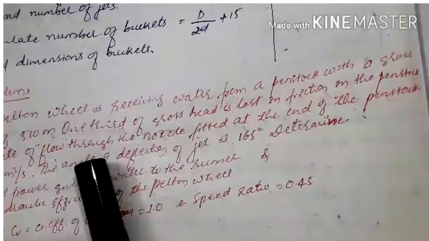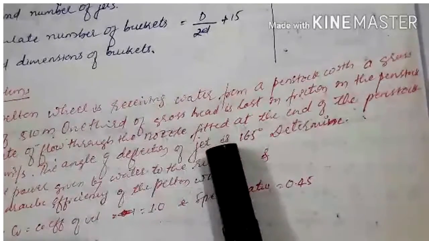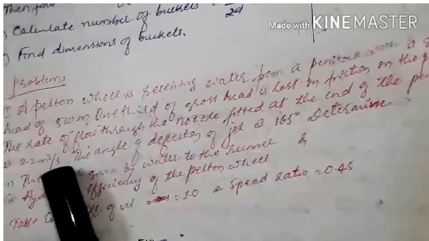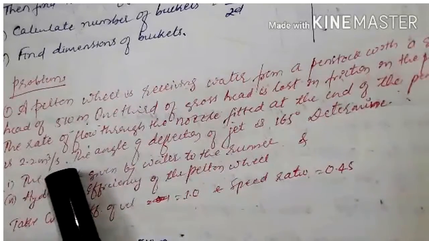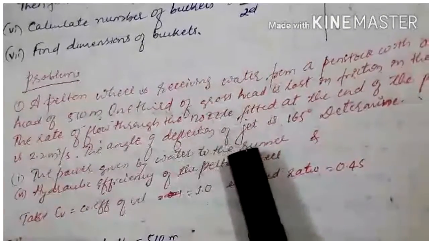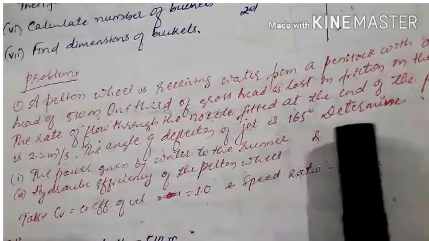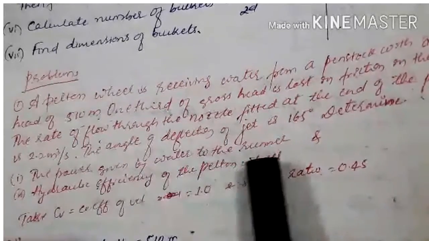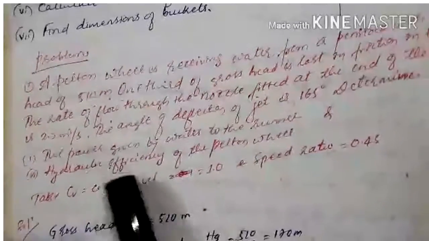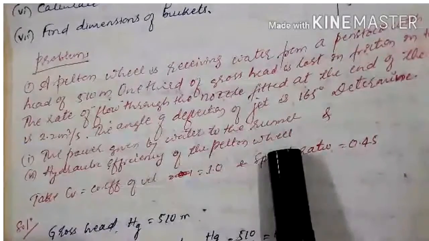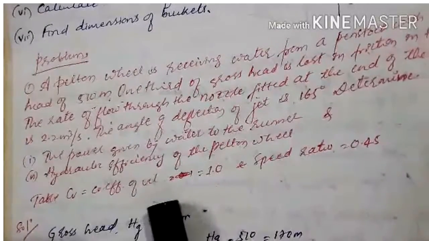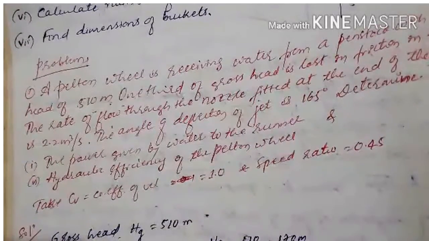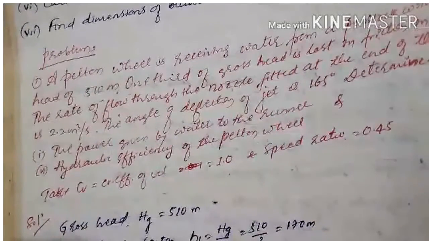The rate of flow through the nozzle fitted at the end of the penstock is 2.2 meter cube per second. The angle of deflection of the jet is 165 degree. Determine first, the power given by the water to the runner, and second, the hydraulic efficiency of the Pelton wheel. Take the coefficient of velocity as 1 and the speed ratio as 0.45. So this is the problem given.